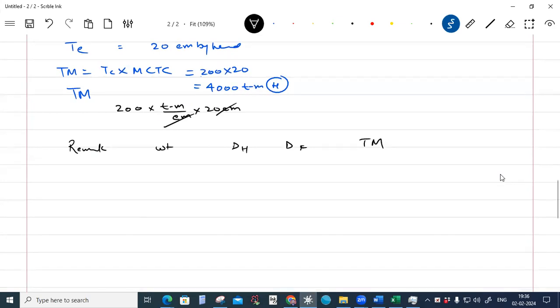So there is 550 ton of fuel oil in the forward deep tank.